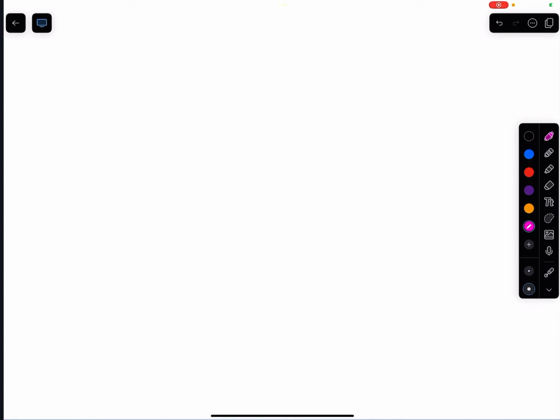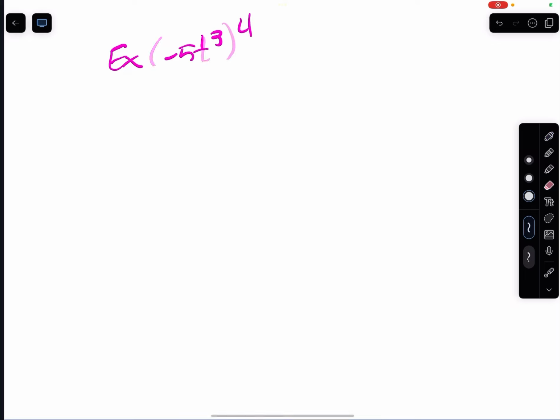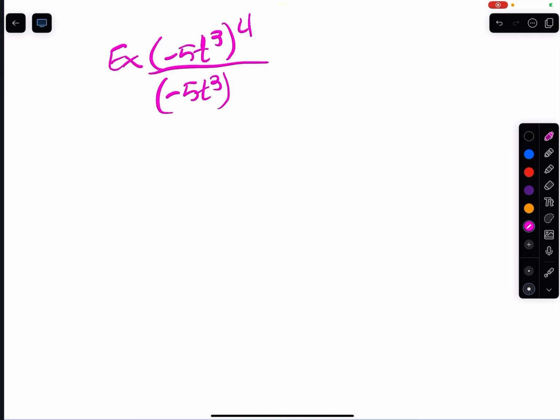So let's try an example. What if we have negative 5t cubed raised to the 4th power divided by negative 5t cubed raised to the 8th power?